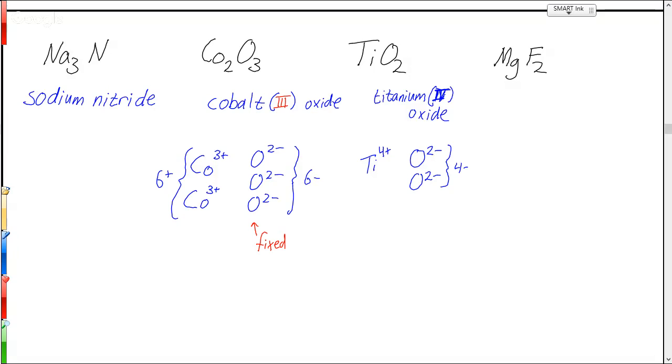Where that comes from? All right, what about the last one? Magnesium fluoride, yeah. This one, we don't use the Roman numerals because magnesium is always +2.